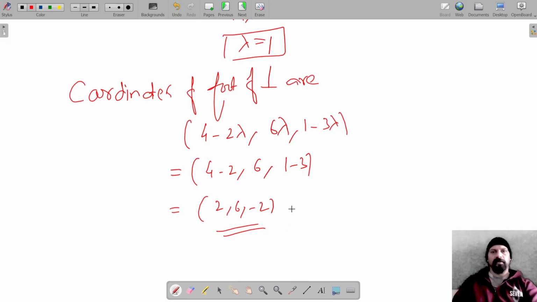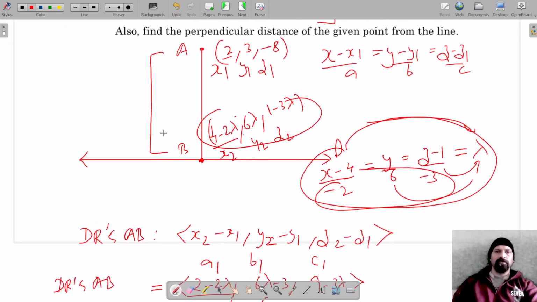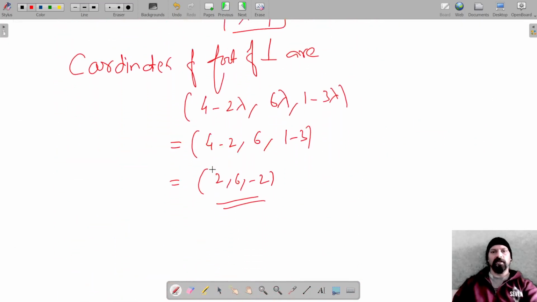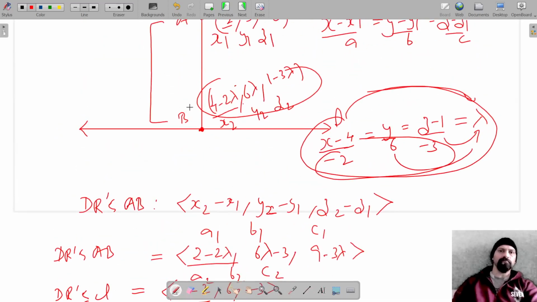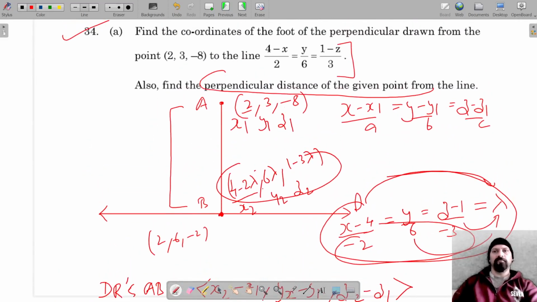Now we have to find the perpendicular distance as well. We have got the coordinates, so we can use the distance formula. The coordinates of B are (2, 6, -2), and we have to find the perpendicular distance from the given point.